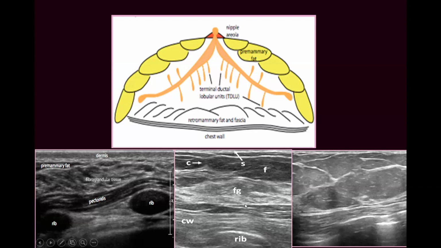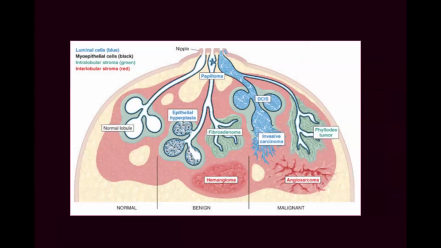And this is a partially involuted breast with a band of fibroglandular parenchyma and a thick fatty layer in the pre-mammary zone and a small layer of retro-mammary, and this is almost a completely fatty breast.